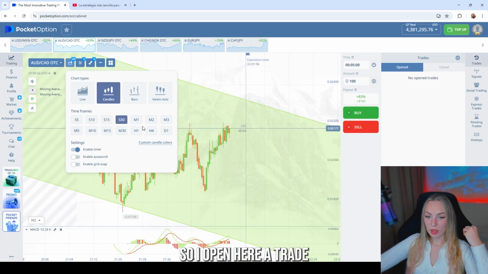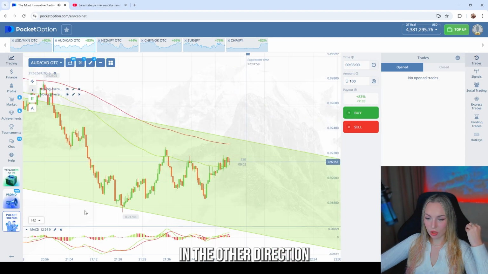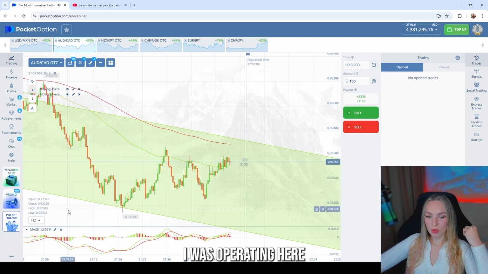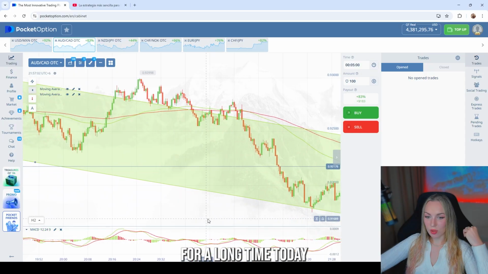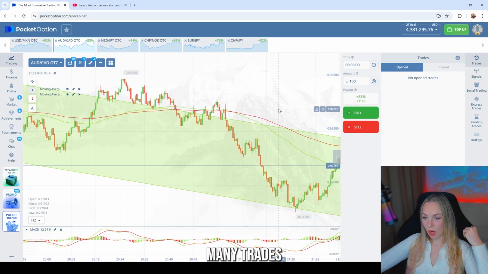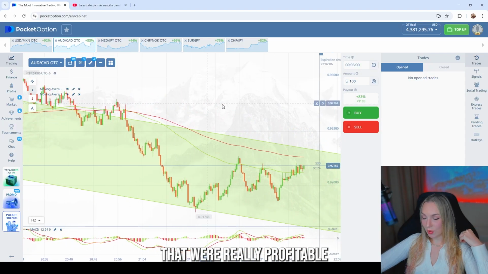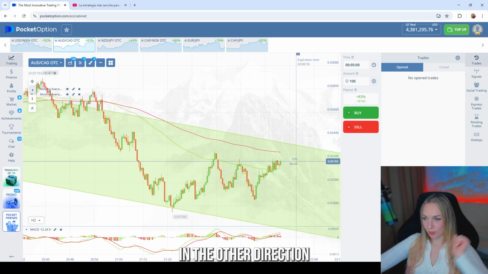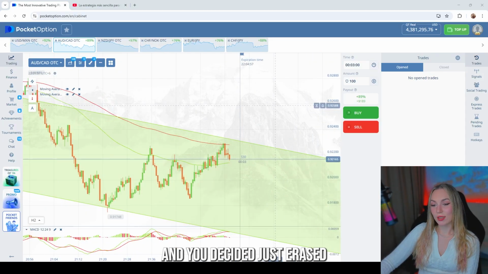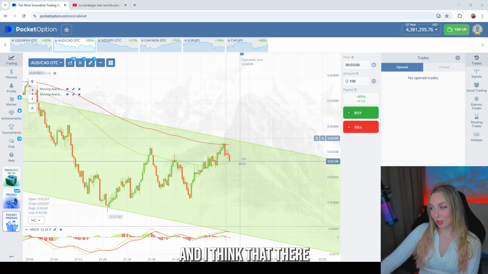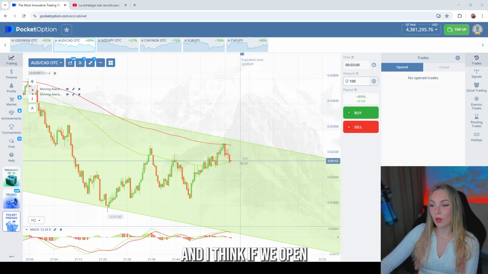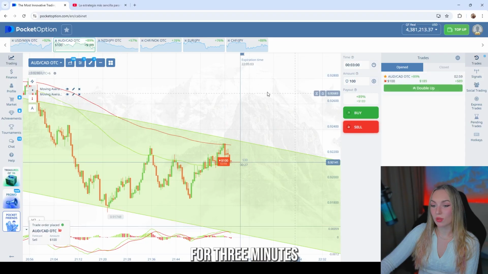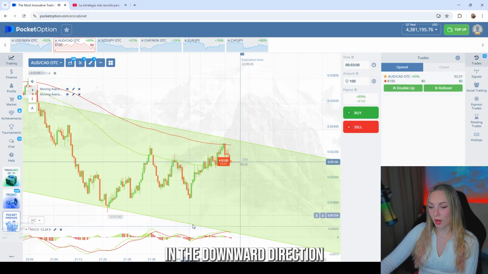So I opened here a trade in the other direction only because I was operating here for a long time today. I opened here many trades that were really profitable, and that's why I opened the trade in the other direction. AUD-CAD just reached and I think touched the resistance line, and I think we can open a trade for 3 minutes in the downward direction.